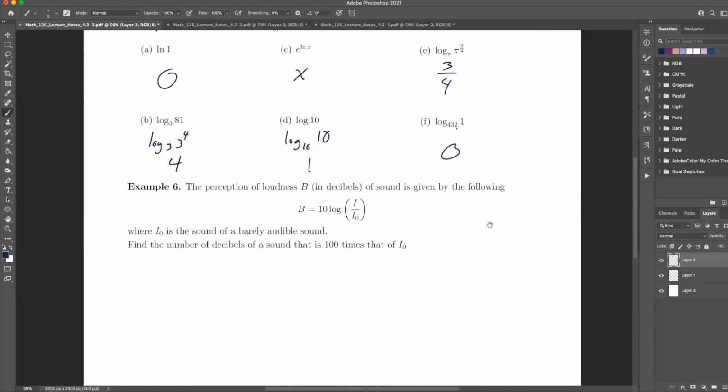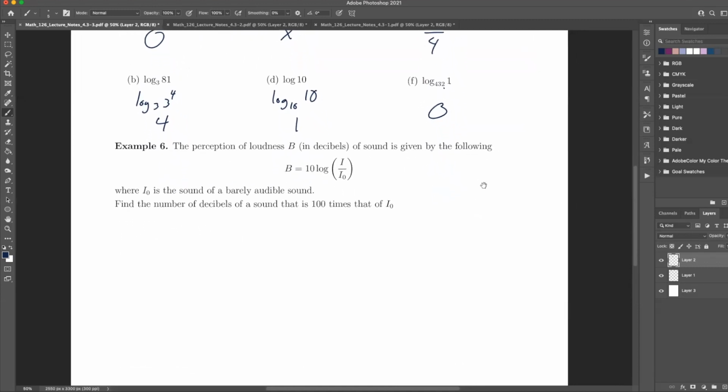But let's talk about some engineering applications real quick. The perception of loudness, B, in decibels of a sound is given by the following: B is equal to 10 times the log of I over I naught, where I naught is a barely audible sound. Find the decibels of a sound that is 100 times that of I naught.